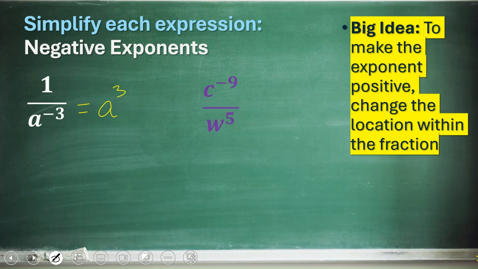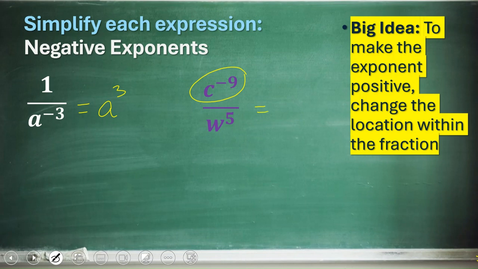All right, in this example, we have c to the negative 9 divided by w to the fifth. These two terms cannot be combined because the bases are different, but I need to get c so that it has a positive exponent. It's currently in the numerator. That means I need to shift this to the denominator, and that negative 9 becomes a positive 9.